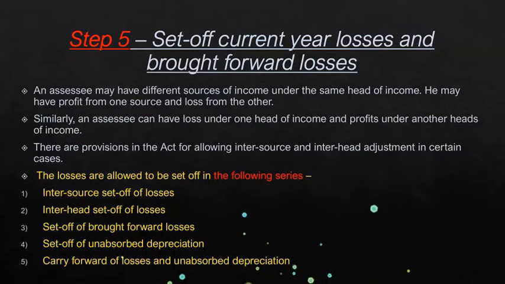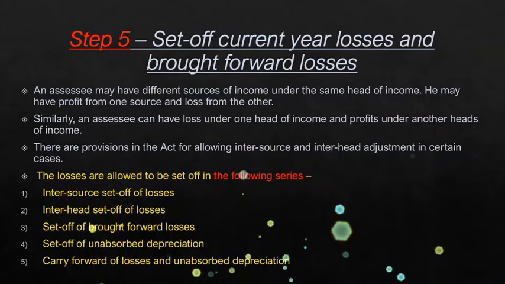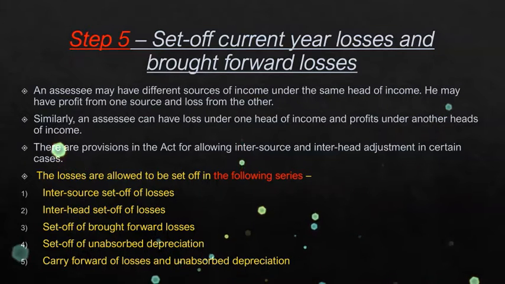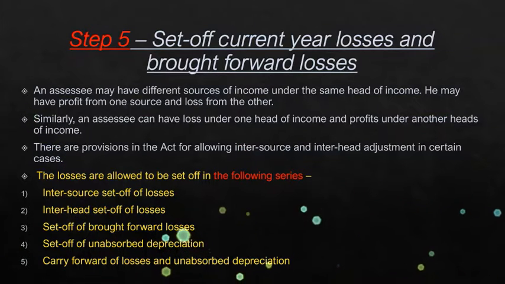Step 5. Set off current year losses and brought forward losses. An assessee may have different sources of income under the same head of income. He may have profit from one source and loss from the other. Similarly, an assessee can have loss under one head of income and profits under another head.